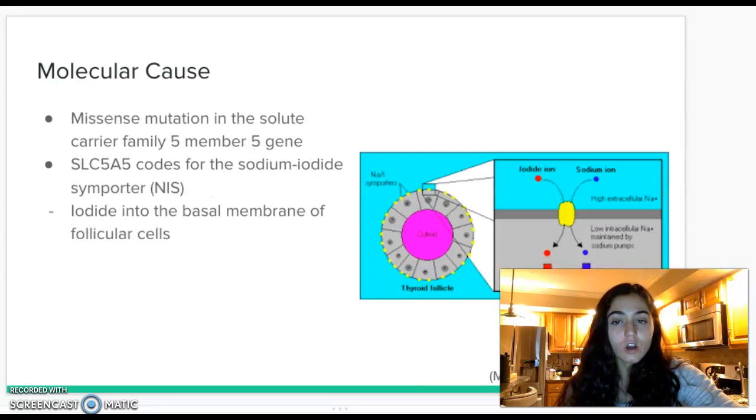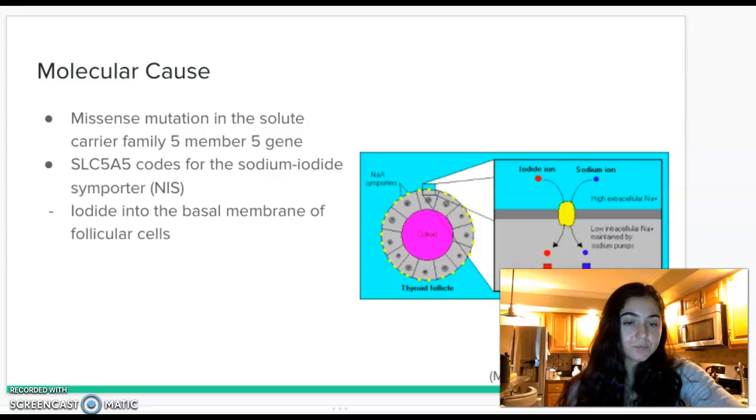So the molecular cause of primary congenital hypothyroidism is a missense mutation in the solute carrier family 5 member 5 gene. This SLC5A5 gene codes for the sodium iodide symporter. So the NIS lies on the basal membrane of the follicular cells within the thyroid gland.